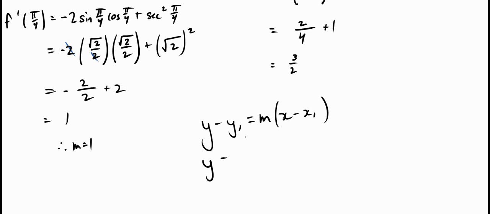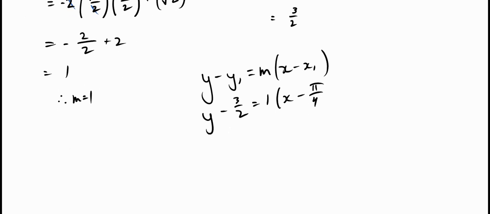Y minus 3/2 equals 1, which I don't really need, times x minus pi/4. So I'm going to move everything to one side, and I get 0 equals x minus y plus 3/2 minus pi/4.